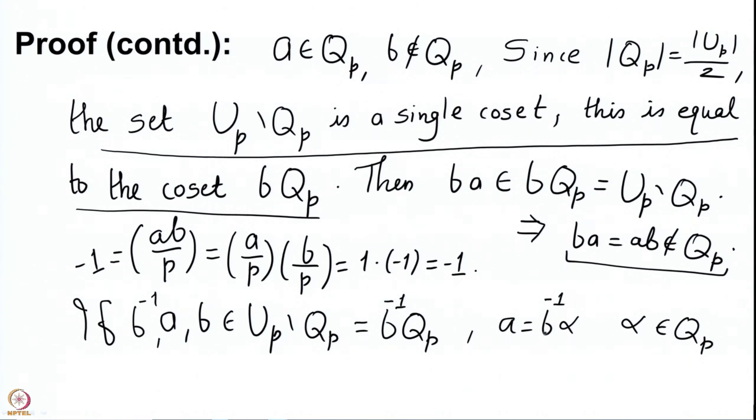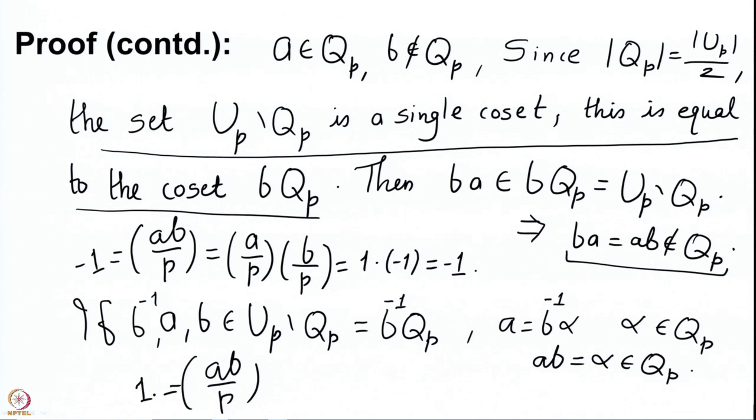So, we get A equal to B inverse alpha, which says that AB is alpha, which is in Q_p. And therefore, we get that the product (AB/p), which is now 1 because AB is in Q_p, is equal to the product of 2 minus 1s.